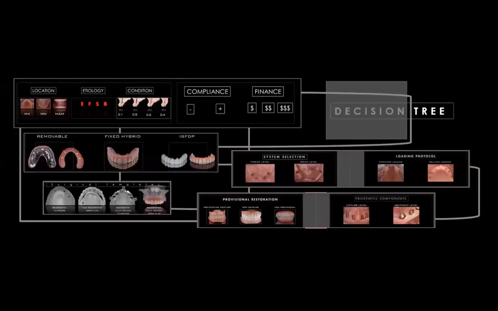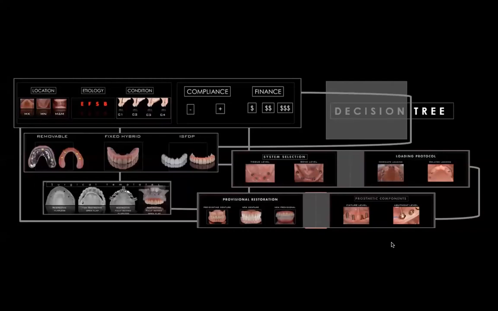So now, again, going back to the decision trees that you have to come up with and decide what your criteria are. What is the patient coming in for? The etiology, the condition, the compliance, and obviously finances, those are important. Am I making it removable? Am I making a hybrid? Am I making a fixed bridge?